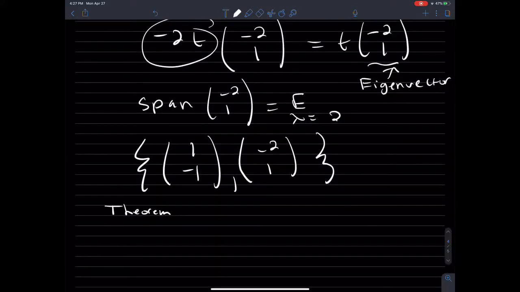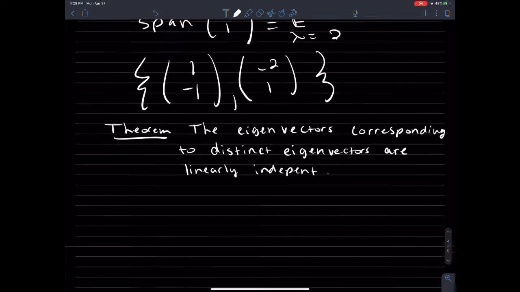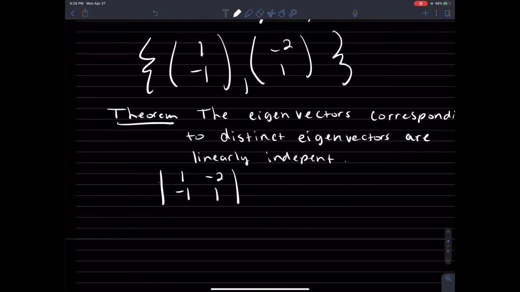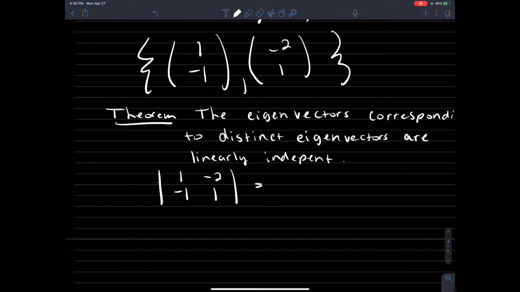Okay, so there's another theorem. The theorem says the eigenvectors, the claim is that 1, minus 1 and minus 2, 1 are independent. So how can we check independence? We can use the Wronskian by taking the determinant, similar to what we did with the Wronskian.